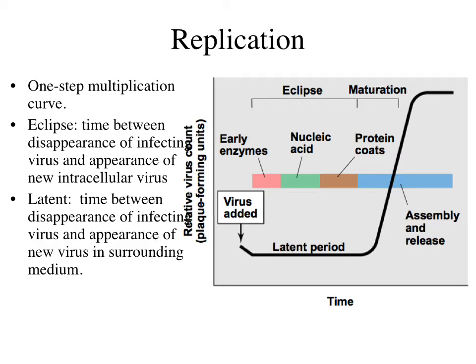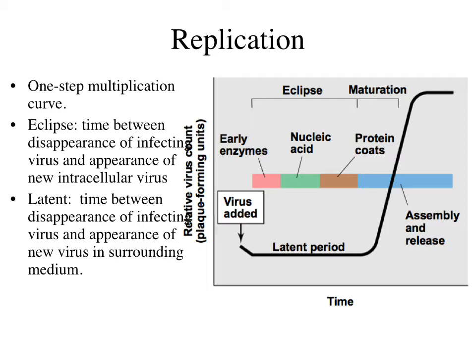And of course, there's going to be a period of time during which you can't find any infectious virus. That's because the virus has been uncoated, and now we're getting replication of the various parts of the virus. Remember, the virus is produced in segments, in pieces.